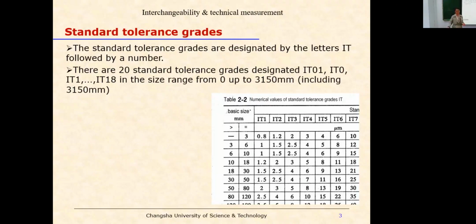So they are the same, like the basic size of the diameter, like the 3. If the diameter of the shaft or the hole is smaller than 3, you can choose IT1, IT2, IT3. Just notice the unit. So this is the tolerance. You can find it from the table.